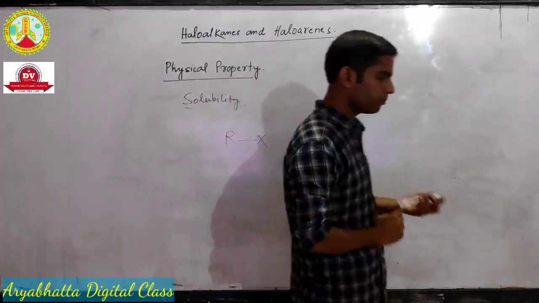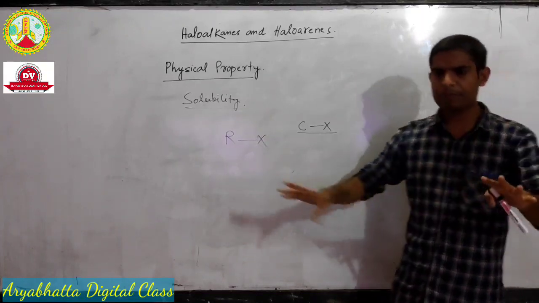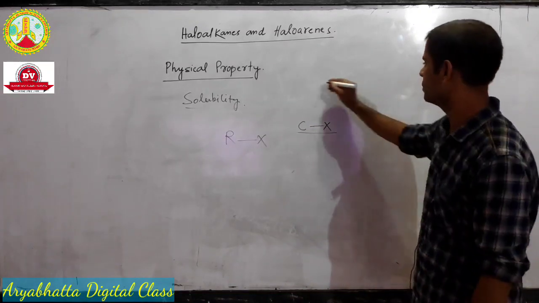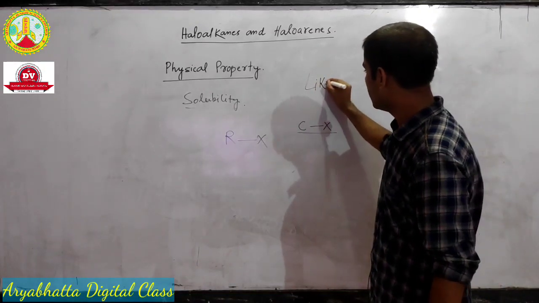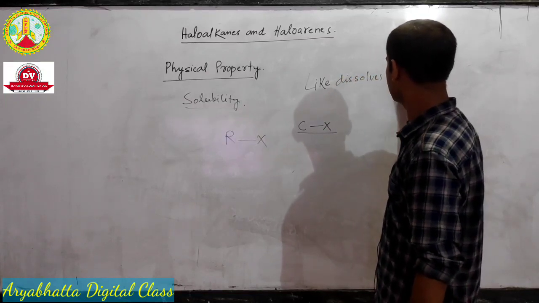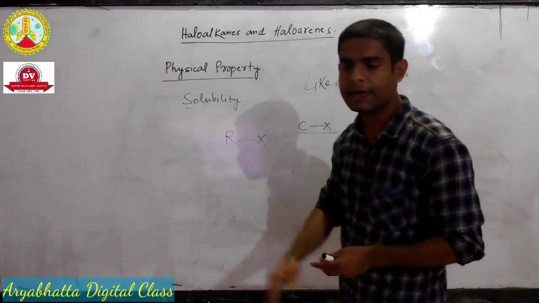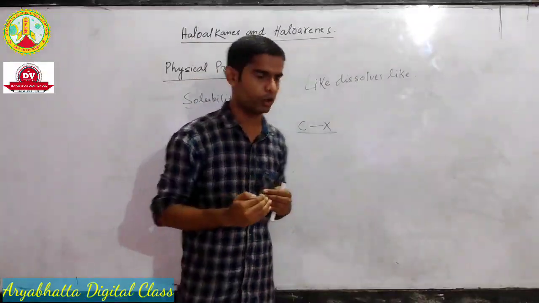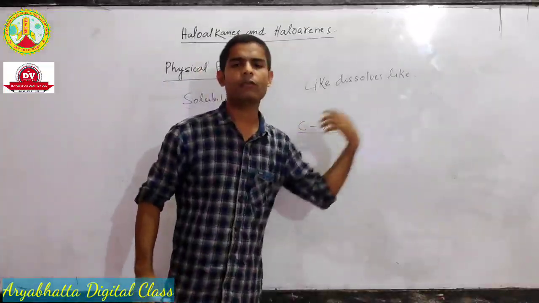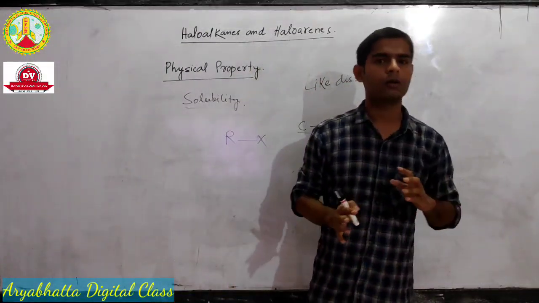Now see, in previous chemistry classes, you already know the concept which says like dissolves like. That means a polar solvent will dissolve a polar molecule and a non-polar solvent will dissolve a non-polar molecule. So in order to check the solubility of alkyl halide, we have to check whether the alkyl halide is polar or non-polar.